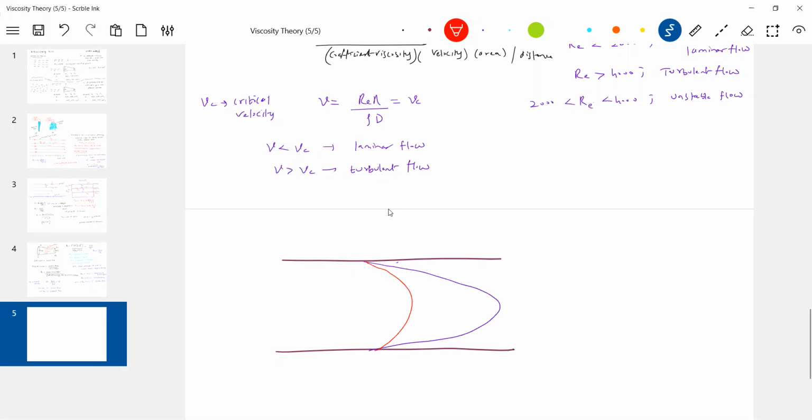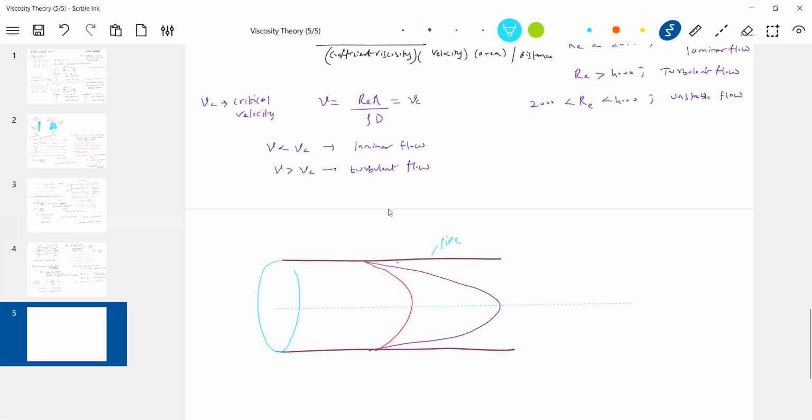A layer of the liquid. What is this? I think I'll bring the axis. This is the pipe, a cylindrical pipe.